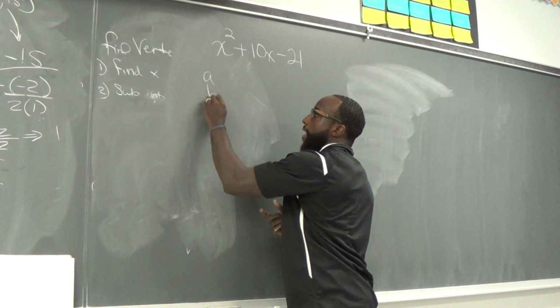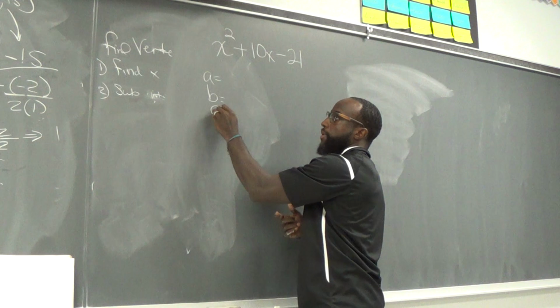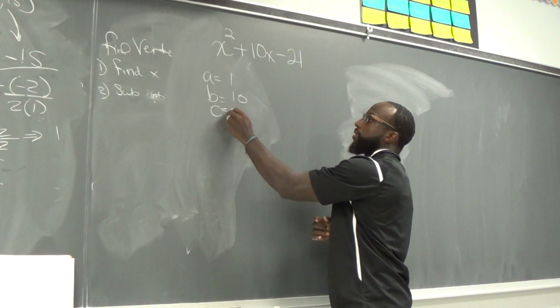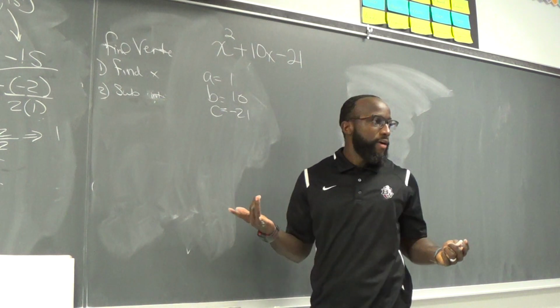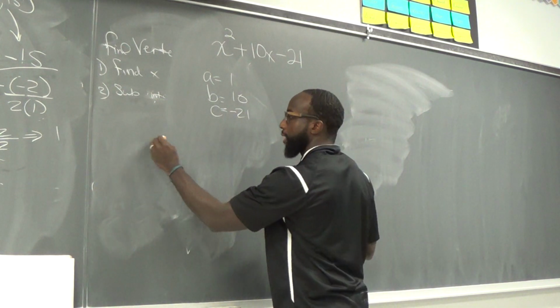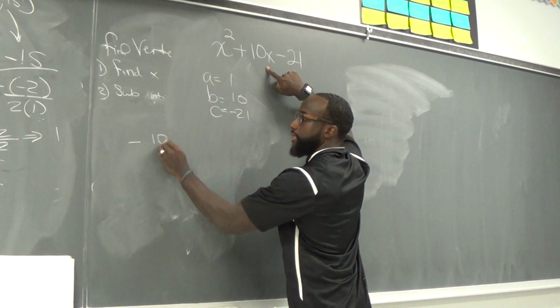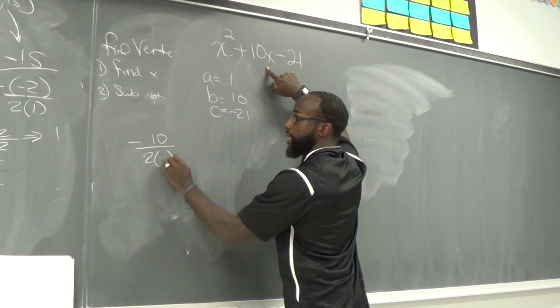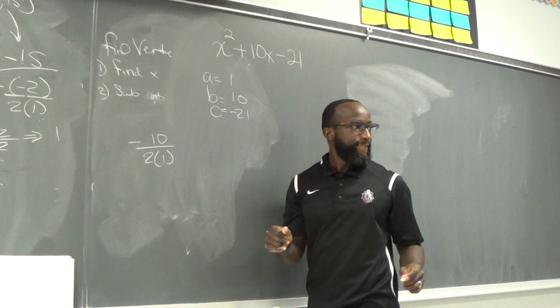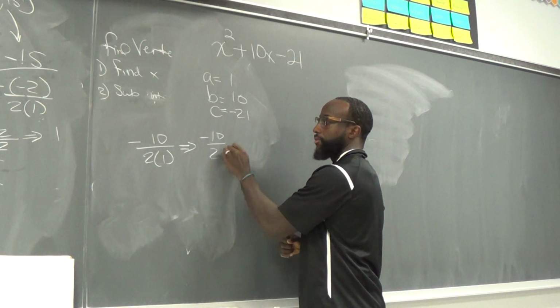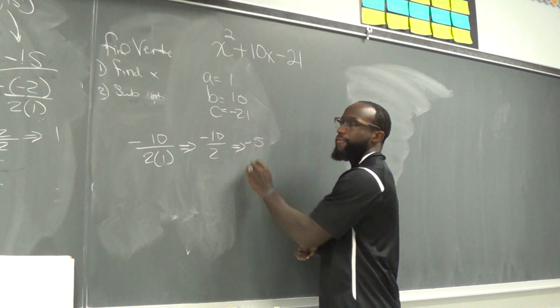First thing you want to do is find A, B, and C. A is what in this problem? 1. What's B? 10. And C is negative 21. So to find the vertex, we're going to put it into this formula here: negative B over 2A, so negative 10 over 2 times 1. That's negative 5.